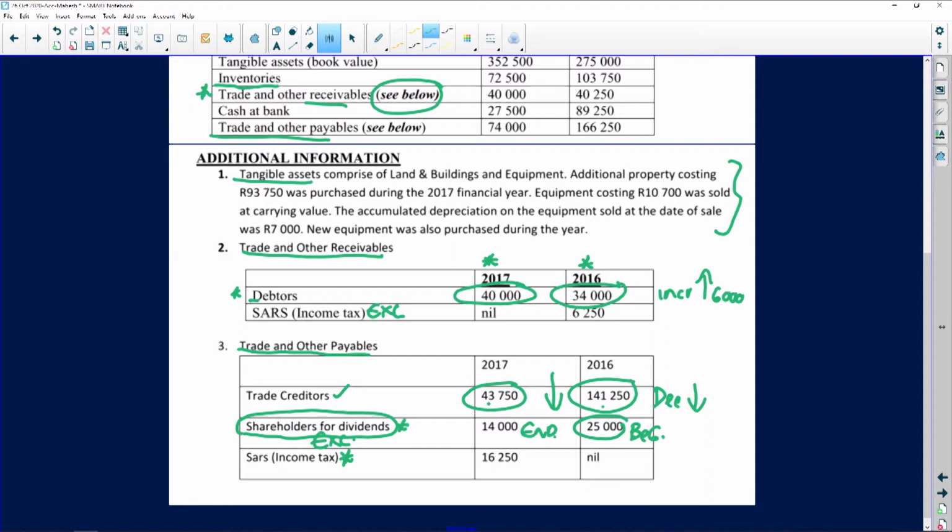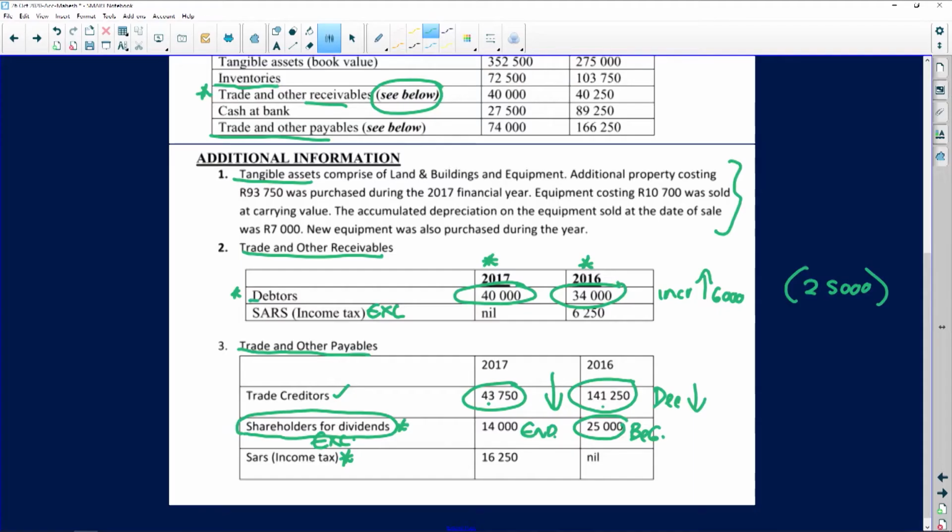Okay, so my calculation will begin with shareholders for dividends at the beginning of the year, sitting at 25,000. Remember that 25,000 is an outflow of cash, because whatever I'm owing at the beginning of the year as a company, we end up paying to our shareholders. We're not going to make them wait for the entire year.